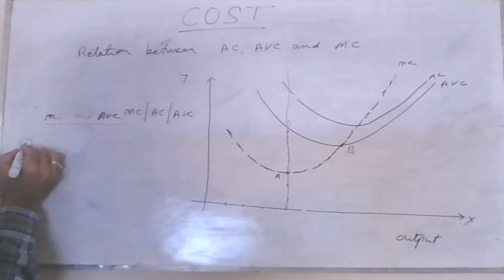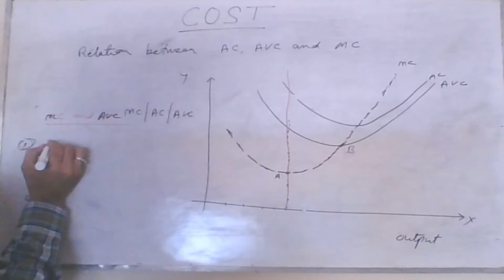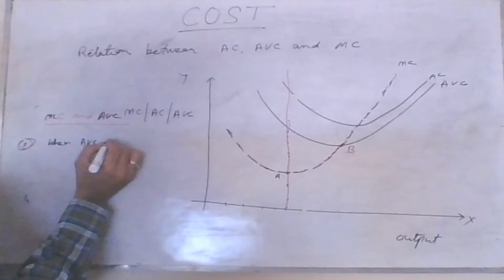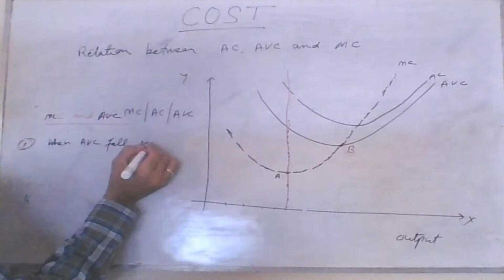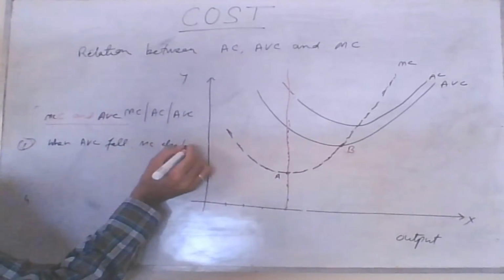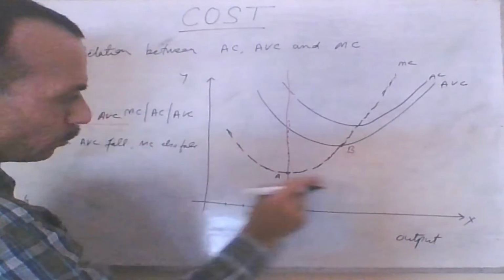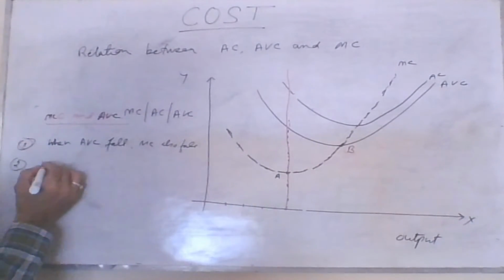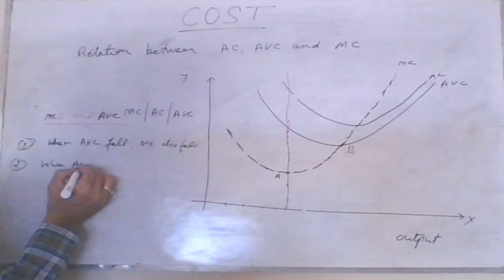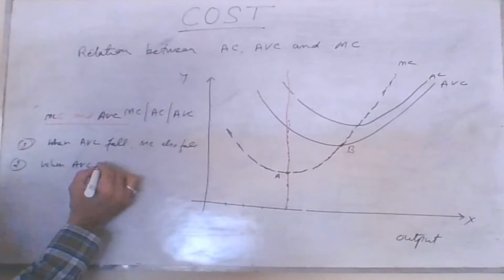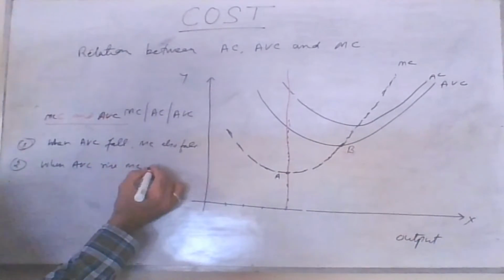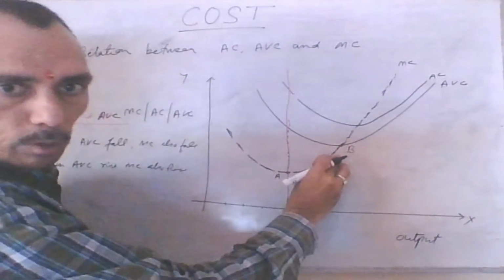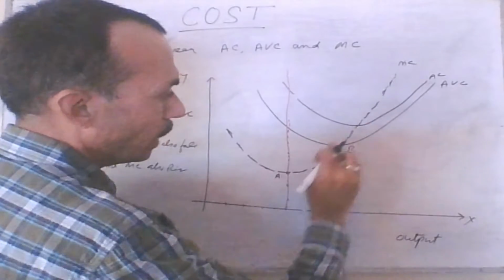The first point is, when AVC falls, MC also falls. Second, when AVC rises, MC also rises. When AVC rises from the point B onward, MC also rises.